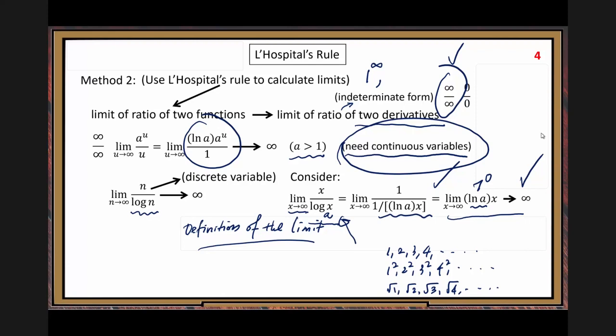In the definition of the limit, the original meaning of the limit, any way would work. If x goes to infinity that way, it would work. The epsilon-delta definition takes care of that. Here we do not go into the epsilon-delta details, but it takes care of that.